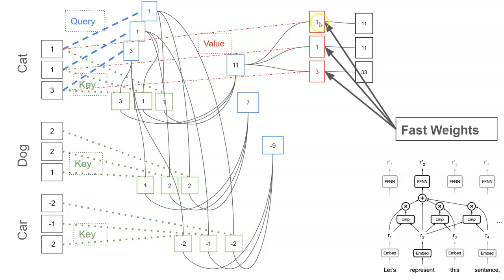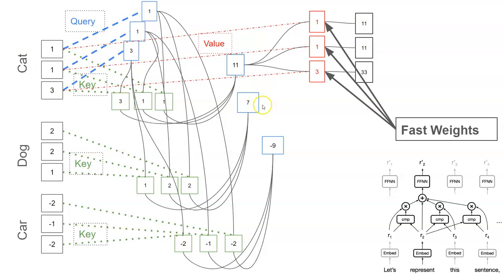So 11 times 1 is 11, 11 times 1 is 11, 11 times 3 is 33. So now we have a new vector. So this one has now become 11, 11, 33. So you can say it becomes 11 times bigger. Okay, the original is now 11 more here.